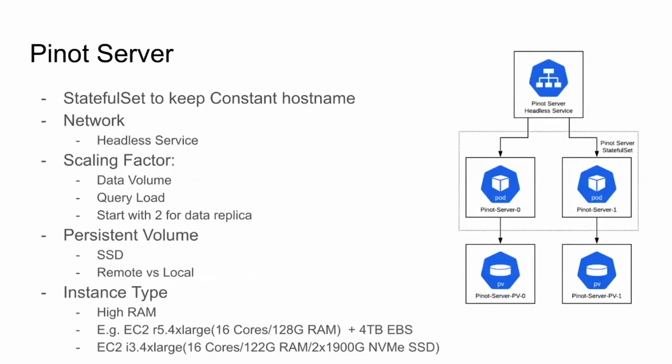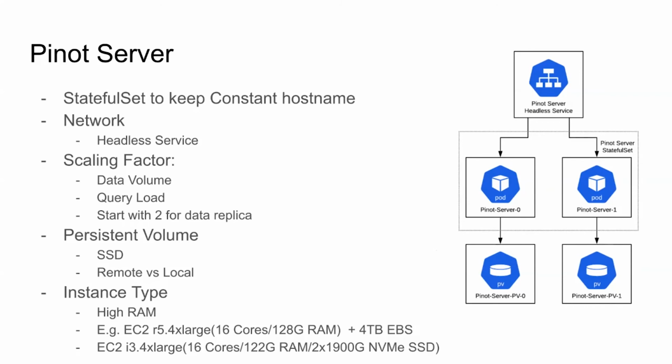For the Pinot servers, this is a little bit more complicated, as it is stateful, in terms of handling more data. So typically we use a persistent volume. We always recommend SSD as the persistent volume. You can do it either with remote or with local disk.